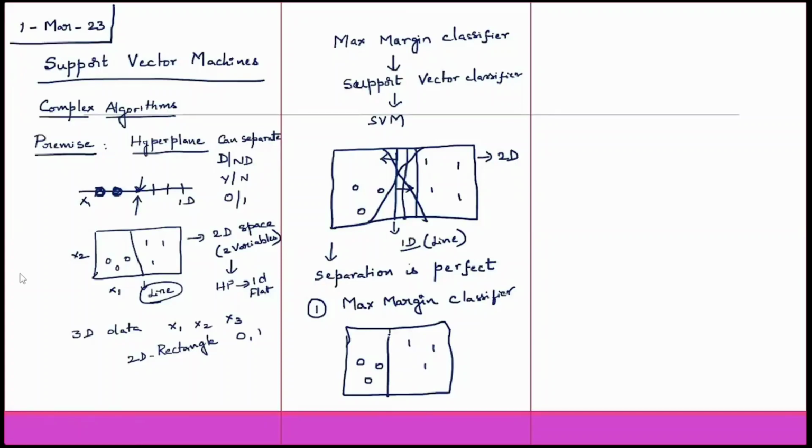Basically I can go from here up to here only, whereas from here, I can go up to here. So the margin is this much. So somewhere in the middle, I draw another line. This line will create the maximum possible margin to both the sides. So look at it in such a way that the margin to both the sides is maximized.